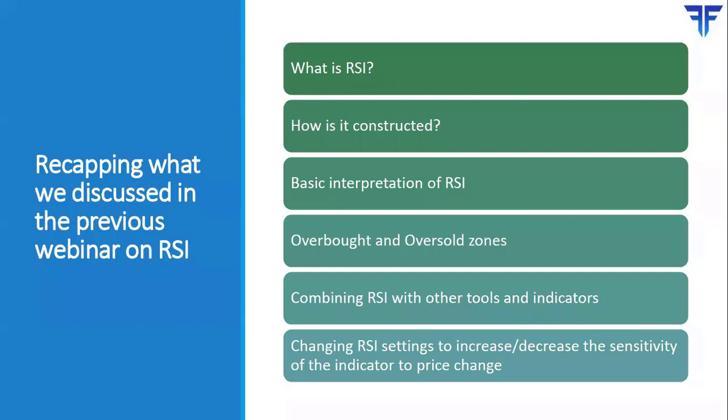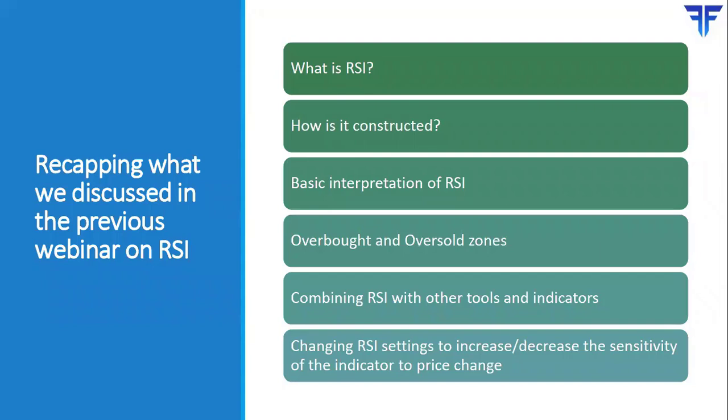So before we start with today's webinar, let me briefly discuss what I covered in the webinar last week, which was held last Wednesday. Back then, I spoke about the basics of RSI. Firstly, I talked about what the RSI indicator is. I then briefly spoke about how the RSI is constructed mathematically, and I demonstrated that.